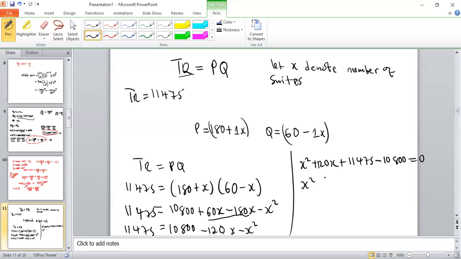What is 11,475 minus 10,800? 675. So x squared plus 120x plus 675 equals 0. Then we can solve this equation.